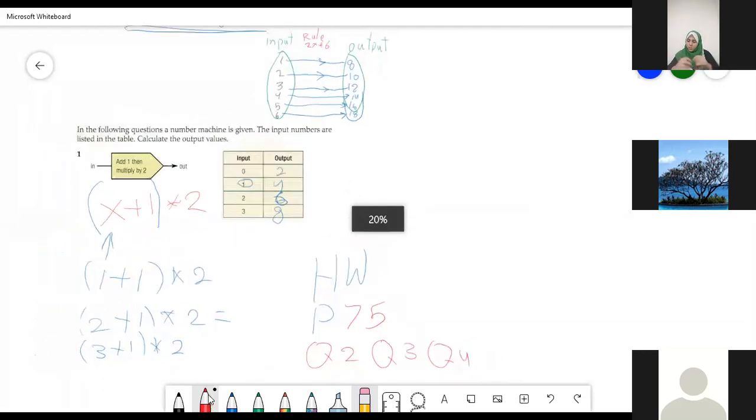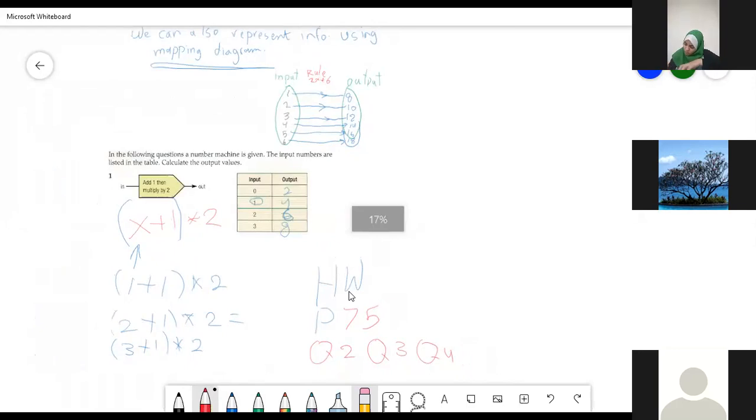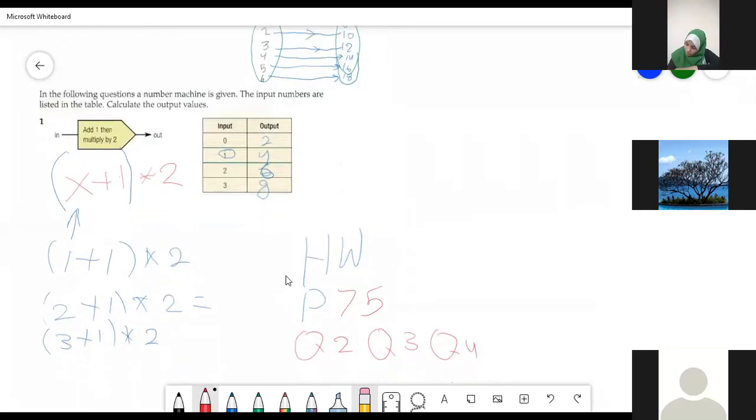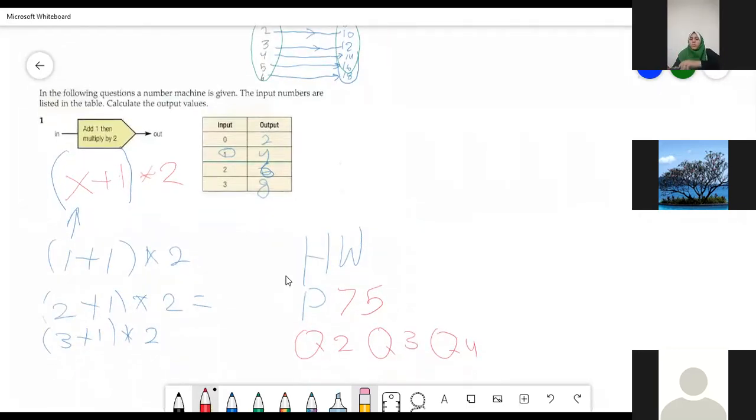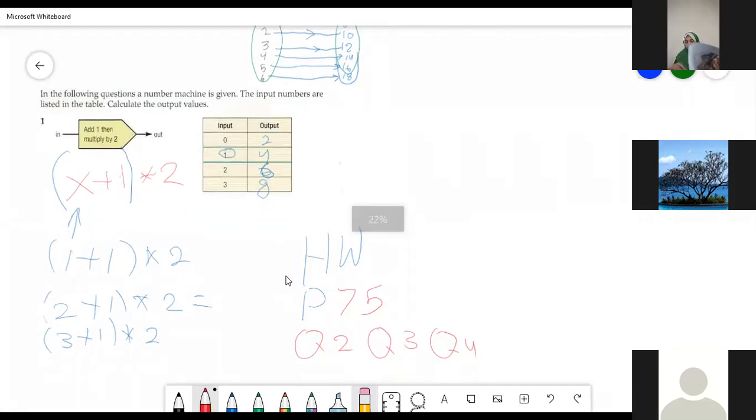Please generate the outputs of the function machine or the rule using the table, and please use the mapping diagram as well to represent the output.